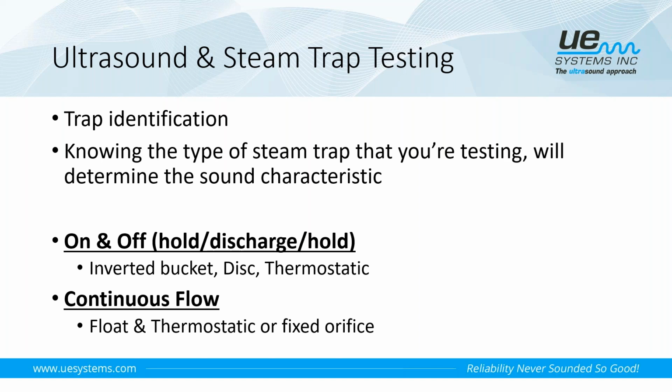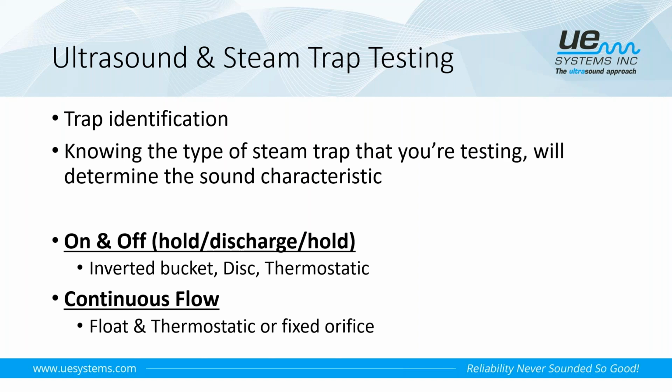Now, in some cases, you can actually hear the sound of the float making a clanging sound inside of the trap. That's really a good indication that the float is in there doing its job and working the way that it should. Now, your fixed orifice traps, they're really designed. It's a designed leak, really. So that trap will definitely be more of a continuous flow kind of sound.